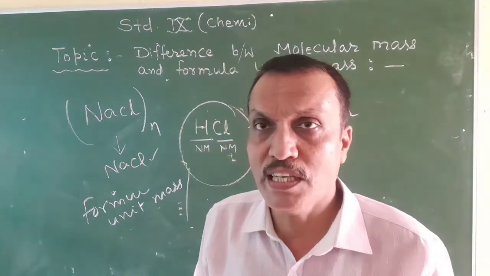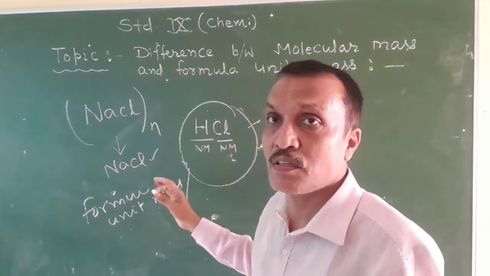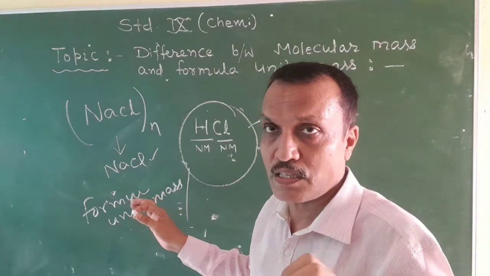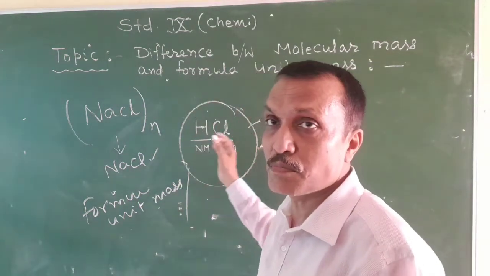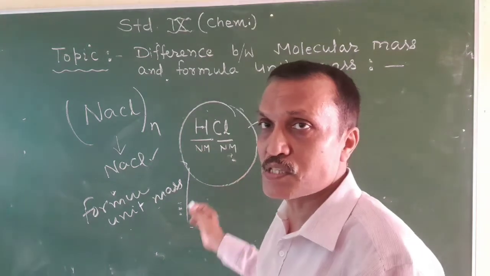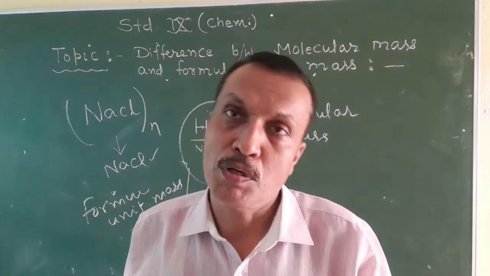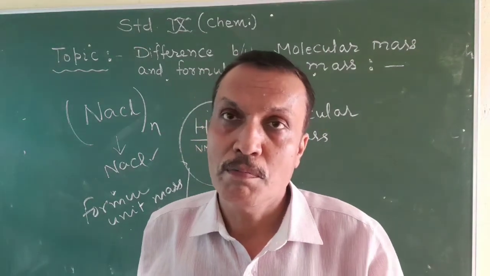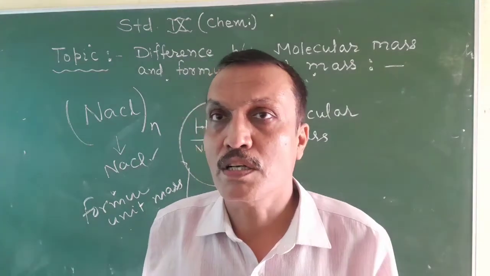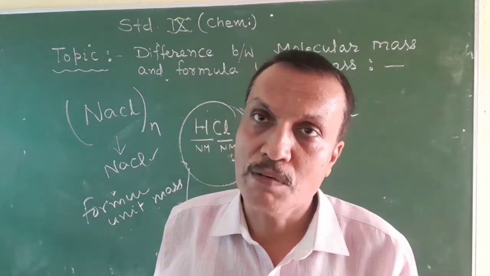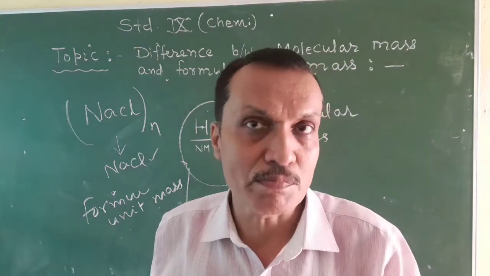Okay, clear? So I think you must have understood the difference between formula unit mass and molecular mass. Once again, the term formula unit mass is used for compounds made of metallic and non-metallic atoms, and the term molecular mass is used for compounds made of only non-metallic atoms.